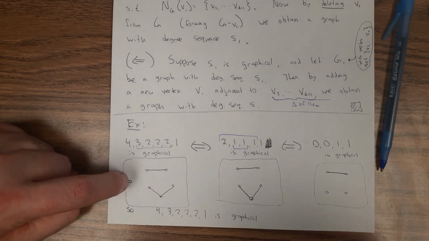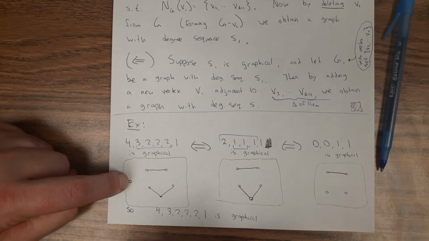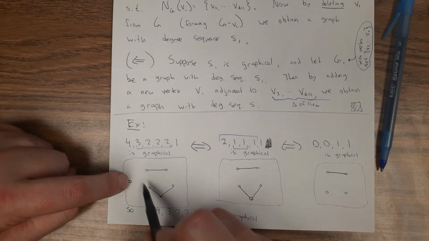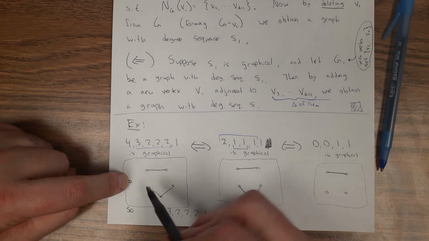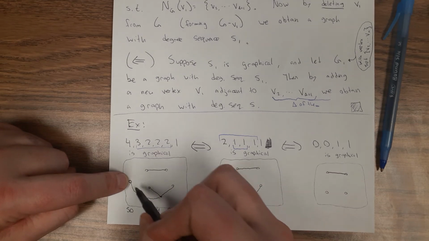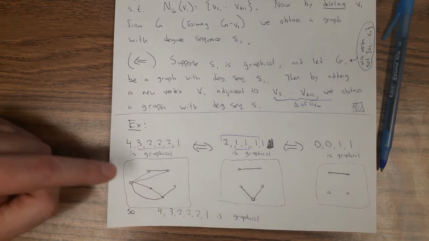So here's a 2, and then I have to pick 3 of the vertices of degree 1. And it doesn't really matter too much what I do. So maybe the neighbors of this will be definitely this one because this is the 2, and then 3 of these other ones. I have 4 vertices of degree 1, and I just have to pick 3 of them. So this one, and then why don't we say 1, 2, 3.